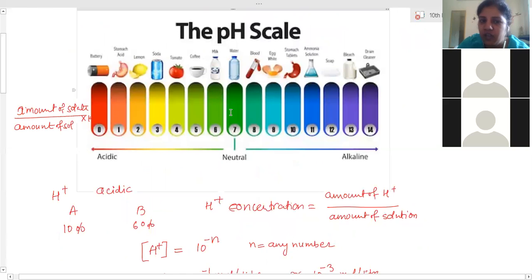For the neutral substances in which H plus ions and OH minus ions are equal, we get the color green. Now here the green goes on decreasing, then it converts into yellow, yellow to orange, orange to red. So if you get a red pH paper, that means it is the most acidic substance.